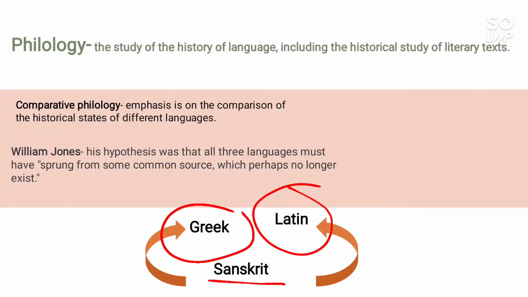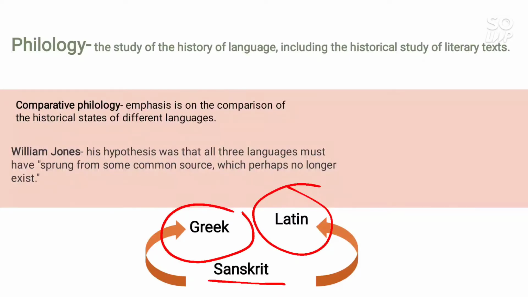During the time, an English Orientalist, Sir William Jones, though he was not the first to observe these resemblances, is generally given the credit for bringing them to the attention of the scholarly world and putting forward the hypothesis that all three languages must have sprung from some common source, which perhaps no longer exists.